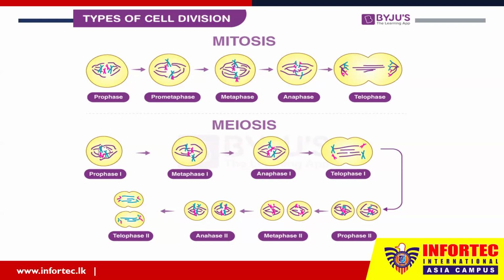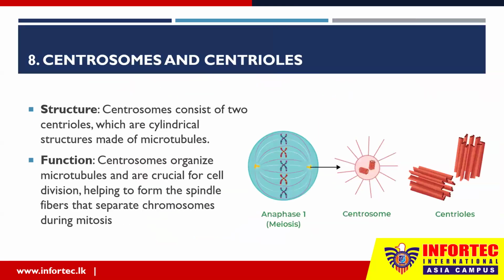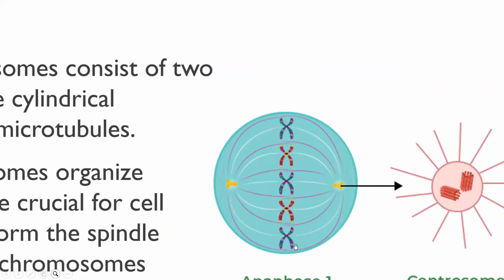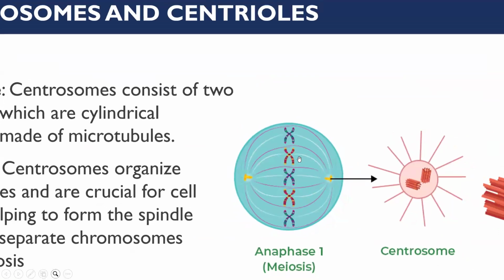How does it happen? Because the centromeres are now connected with the microtubules, one part gets elongated and another part gets shortened, creating a single layer at the equator. For example, you can see this is the equatorial plate in the cell, and these are aligned into a line by the centrioles.